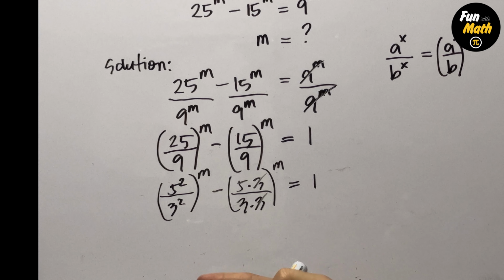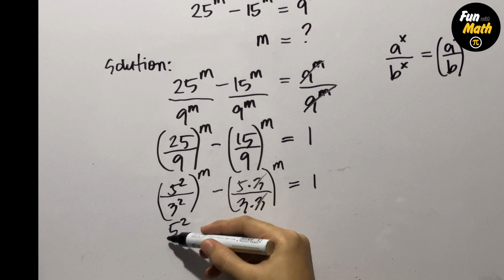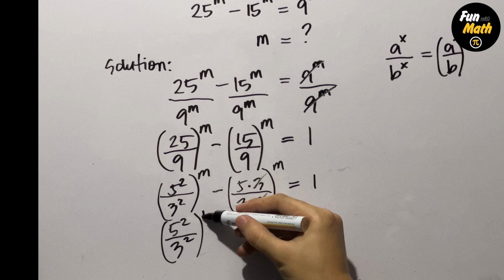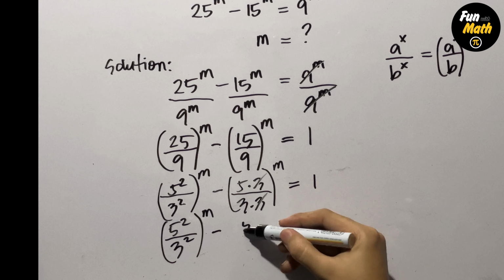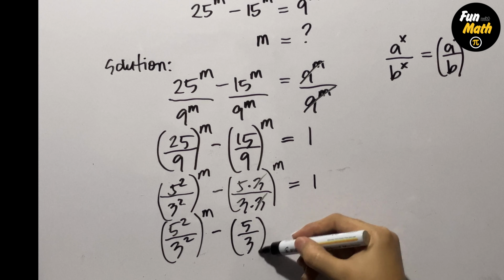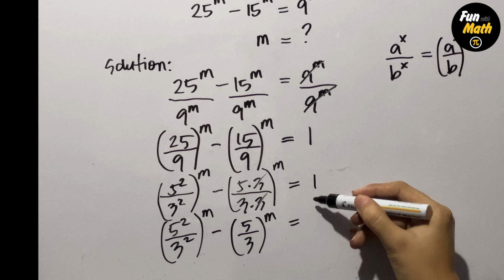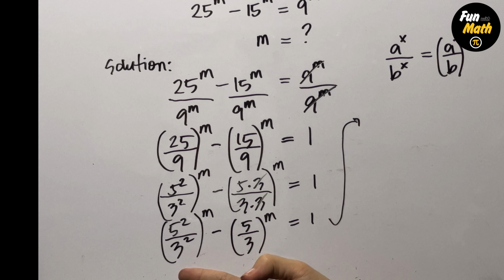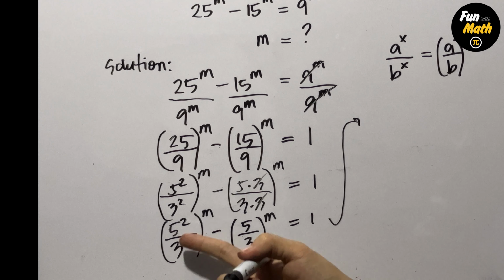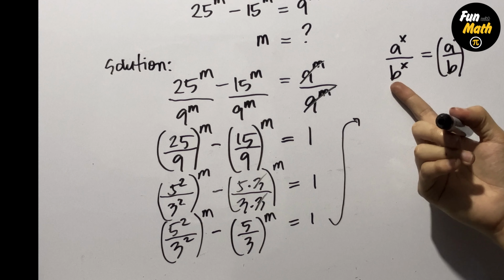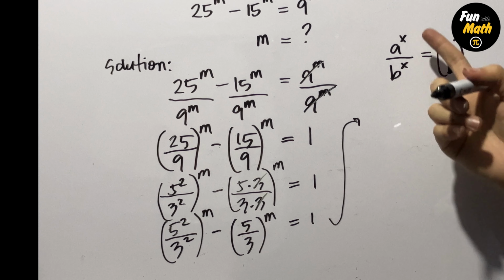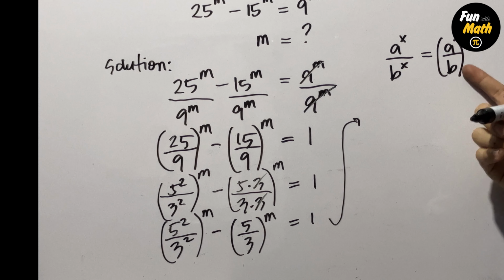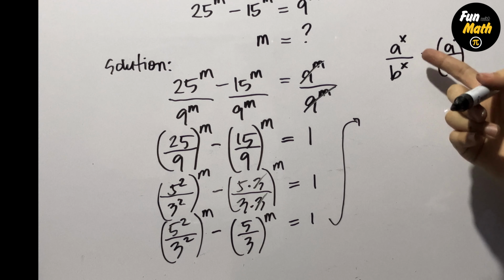So we have 5 squared over 3 squared whole to the power of m minus 5 over 3 whole to the power of m equals 1. And the next, this side, if you observe, they have the same power. So if we go back to the rule of a power, if they have the same power, we can write it as a over b whole to the power of x.